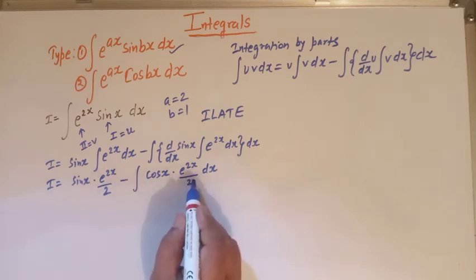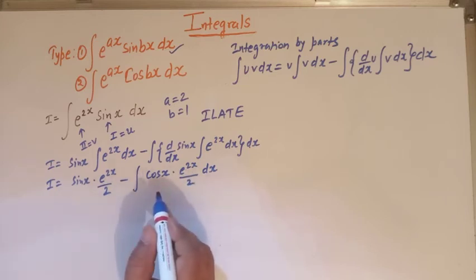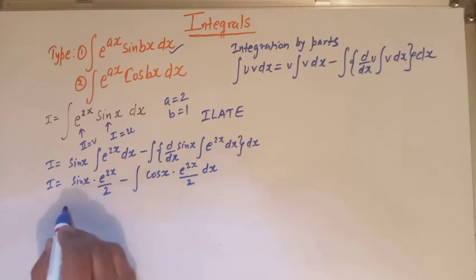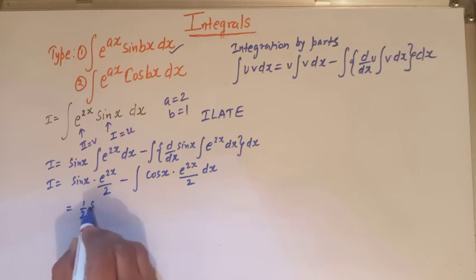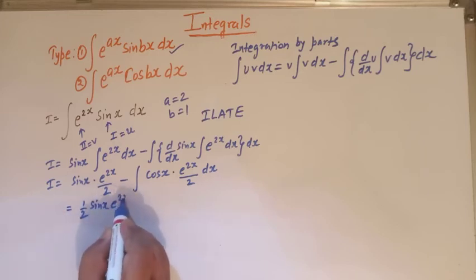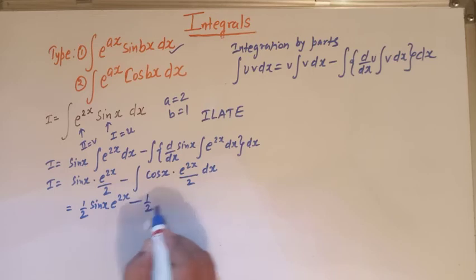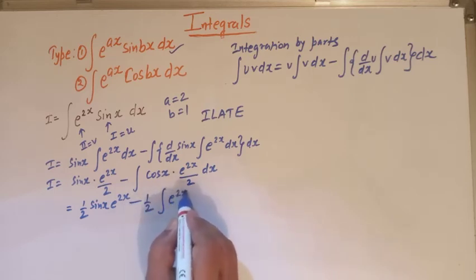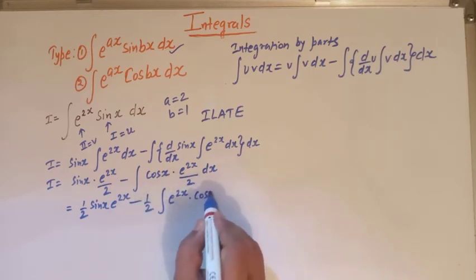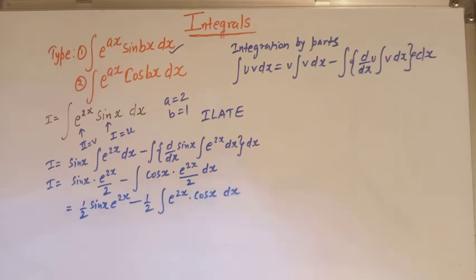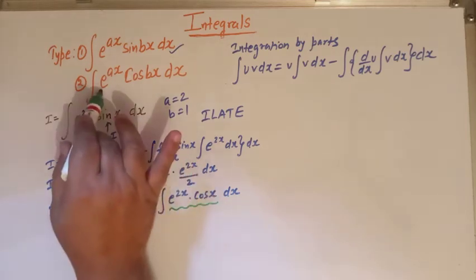Now we can write this as half sine x e raised to 2x minus half the integral of e raised to 2x times cos x dx. Here we see an interesting thing: now we have one more integral of this type.